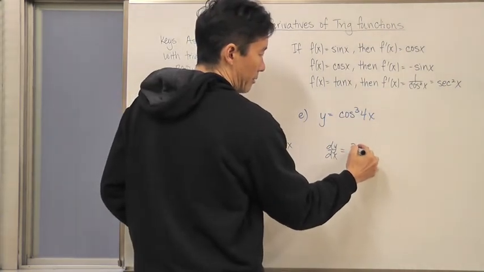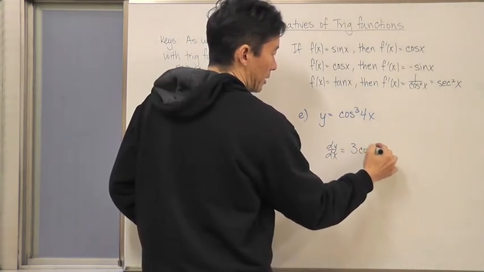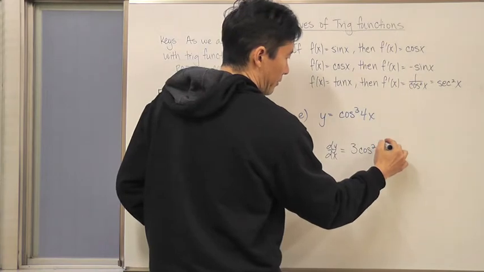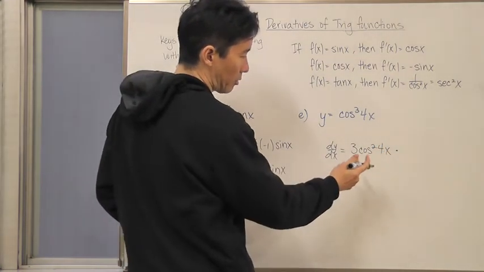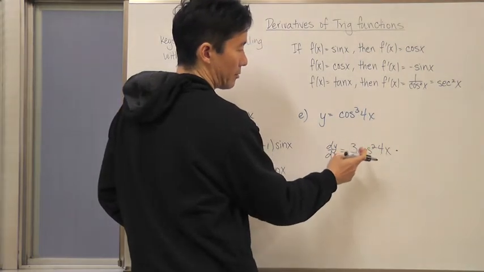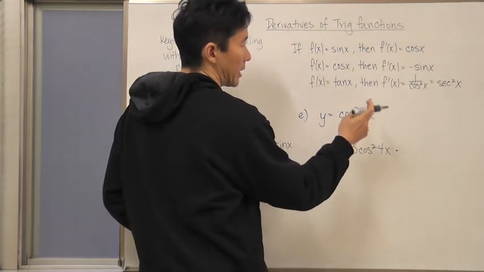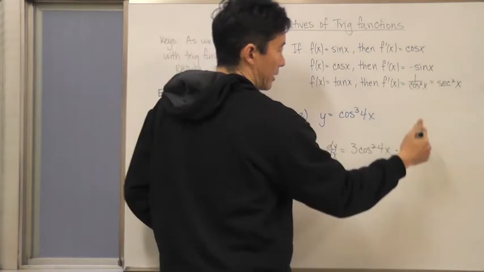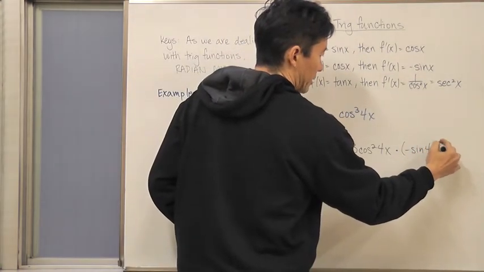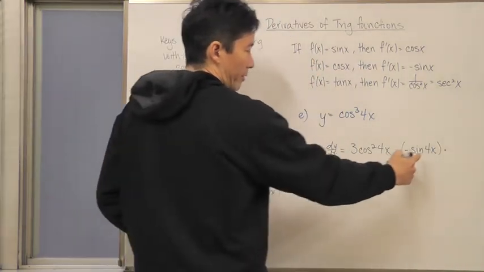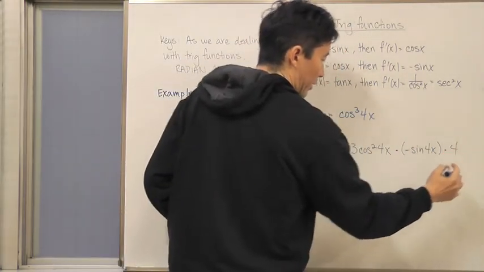So this is going to be 3 times the cosine squared of 4x times the derivative of the cosine of 4x, which is actually going to be the negative sine of 4x, times the derivative of 4x, which is going to be 4.